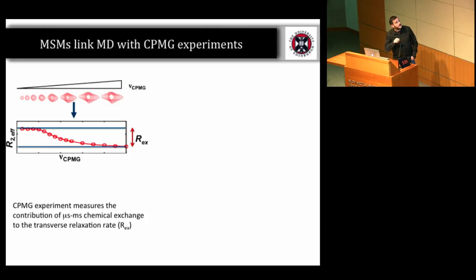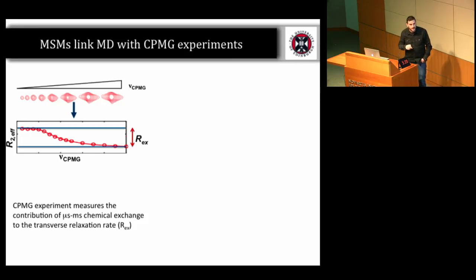And basically, if your residue is not involved in chemical exchange, your transverse relaxation time will not change across this series of pulses. If your residue is involved in chemical exchange, it will show this kind of pattern.